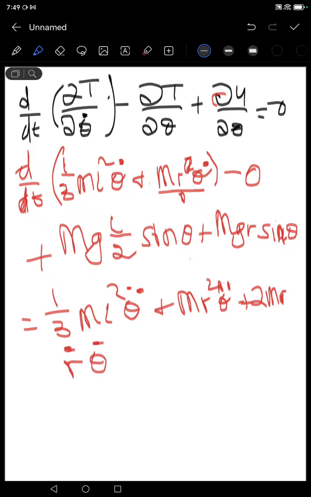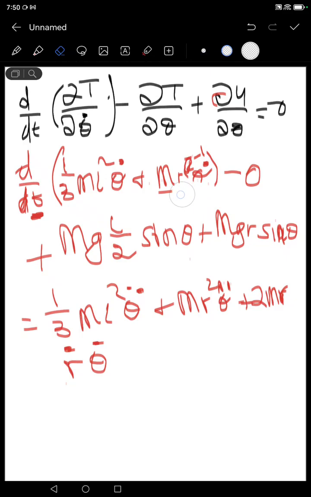We took this 2 and multiplied it with the m, so it's 2mr, and then we subtracted 1 from the power, so we're left with r. And remember, we are differentiating with respect to time, that's why we have r dot. Theta dot, we just copied this one. Do you get it?